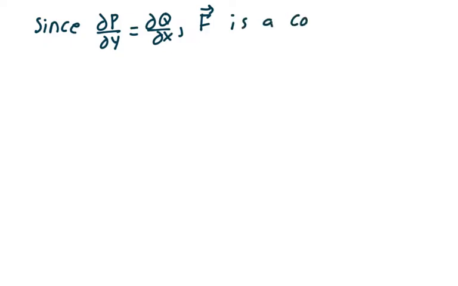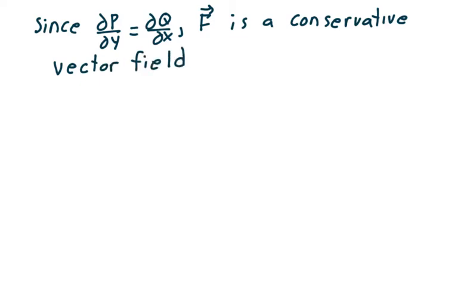Since the partial of p with respect to y is the partial of q with respect to x, f is a conservative vector field. Now, to find that small f, same game.